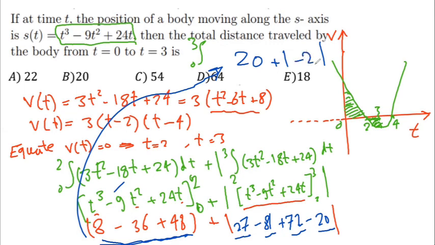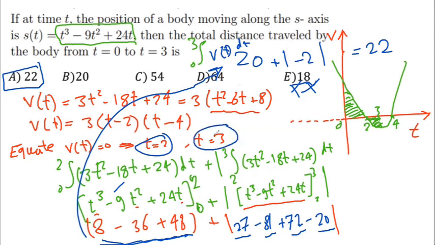So that's negative 2. So you get 22 as the total distance. If you would calculate this integral of v of t from 0 to 3 in one go, you would get 18, which would be a wrong answer. So it was important to find these two points.